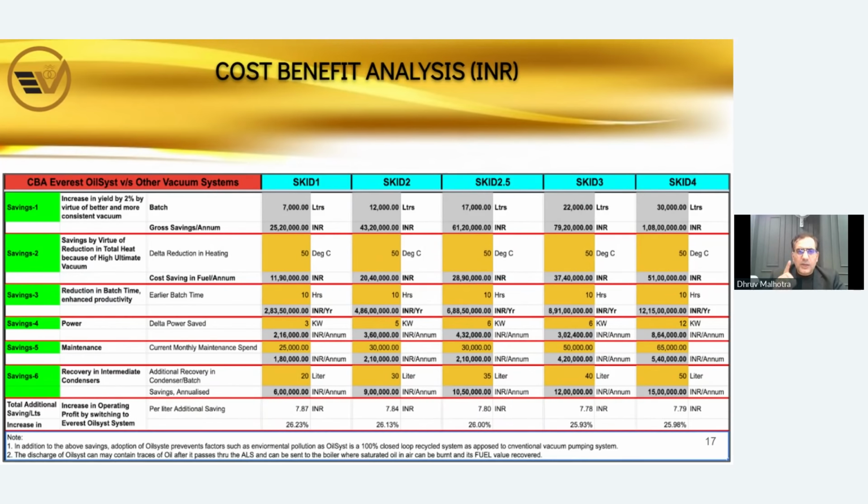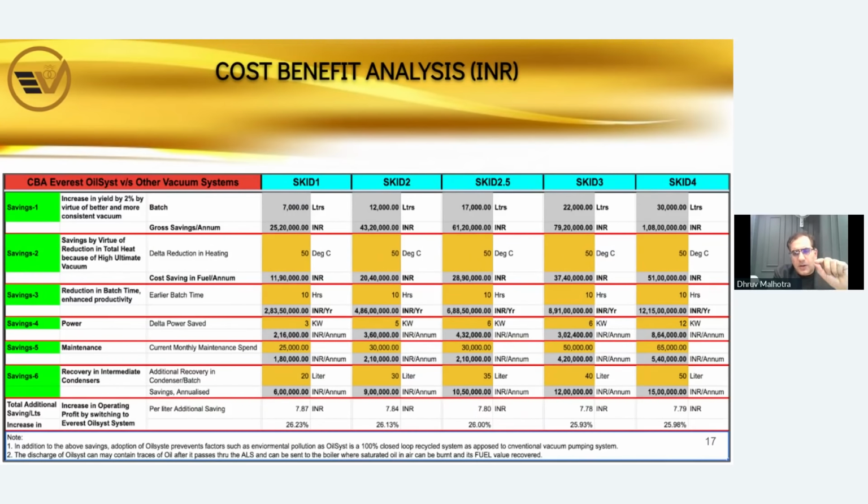We were able to increase the yield of our customer by 2%. This means all that extra material, the heavy lube, was earlier being left in the bottom product and sold by the customer as bottom oil. So we increased his yield by about 2%.